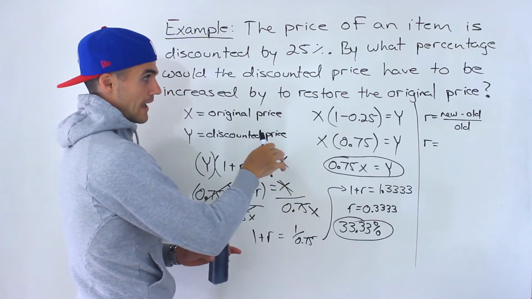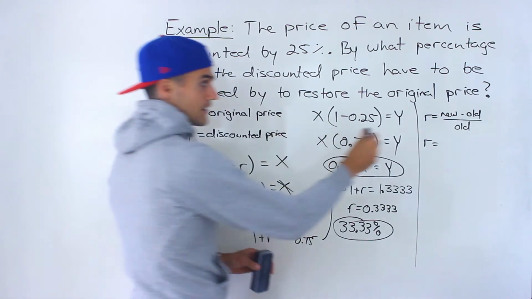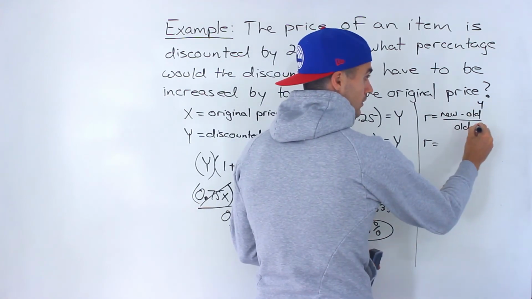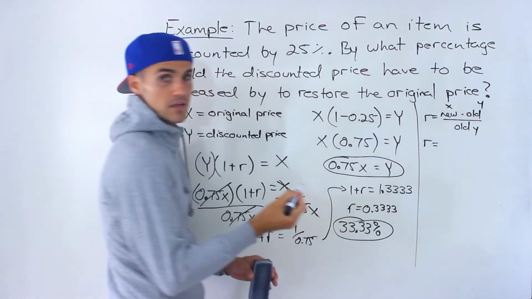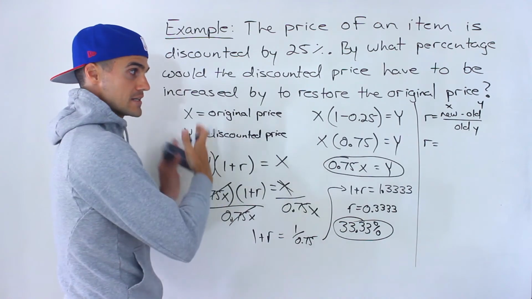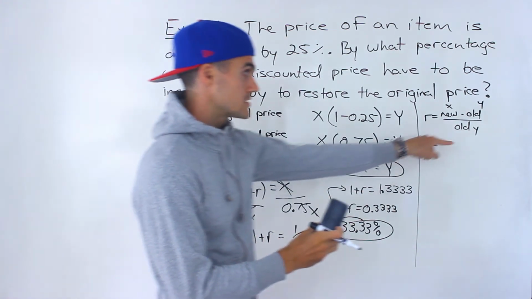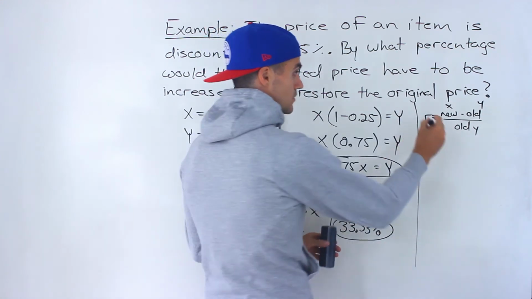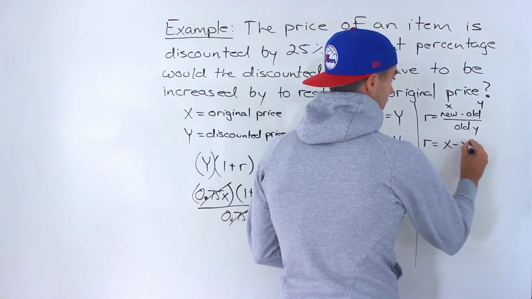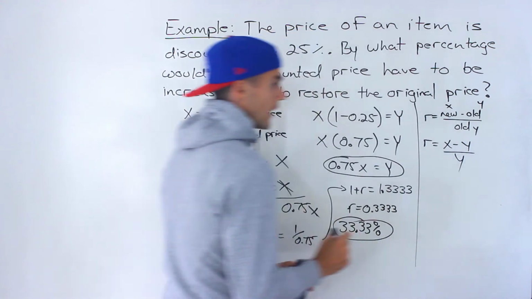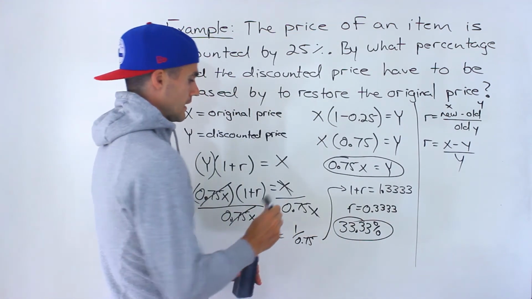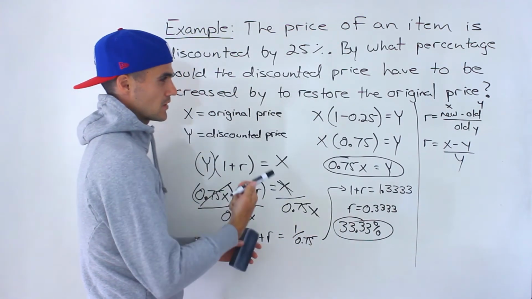The discounted price is the old, and the new price is going to be the original price. So the old price is the discounted price, y, the new price is x. So r would be x minus y over y. And that's actually the same thing as this, just rearranged.